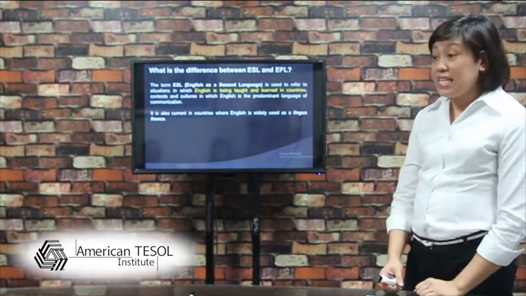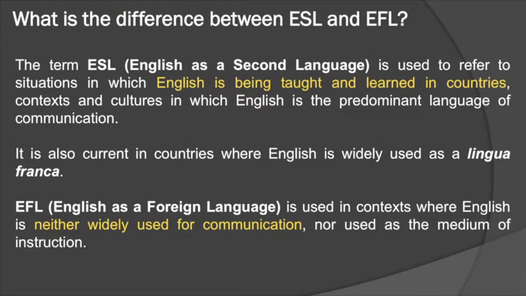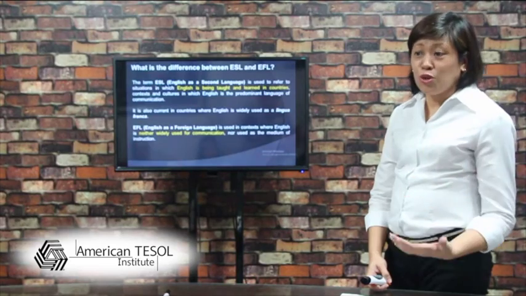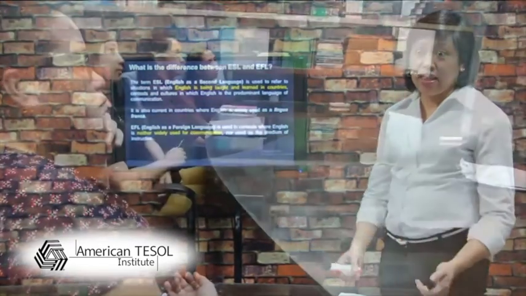Okay? Now, on the other hand, English as a foreign language is used in contexts where English is neither widely used for communication, nor as a medium of instruction in schools. So therefore, English is a foreign language to them. The importance of these two terms is on the application of teaching in context.